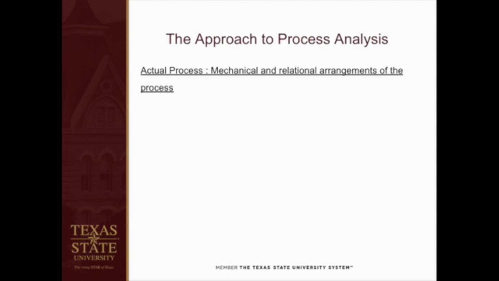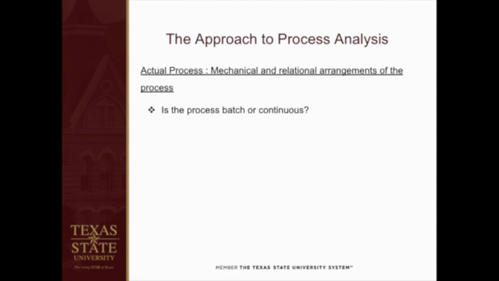Looking at the mechanical and relational arrangements, how the process is laid out on the floor. What kind of process is this? It's either a batch or continuous process. Some of you may not know the difference. Certain things are manufactured a few parts at a time, at the end of which we stop, do some maintenance and rerun another batch.